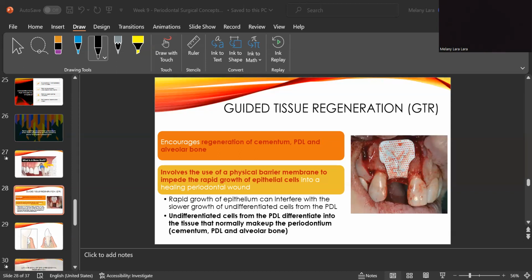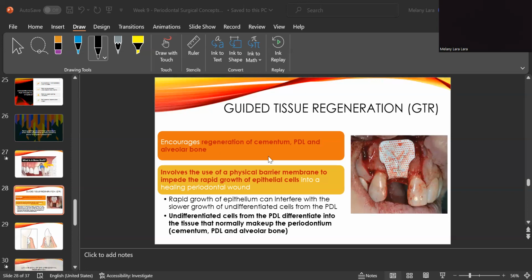Okay. So what GTR requires is the use of a physical barrier membrane. This membrane plays a very important role in the regenerative process, and over here you can see a good example of what that membrane is. Just this little white piece of paper almost. What that's doing is dictating what tissues move into the area. Epithelial tissue, or epithelium, grows very, very quickly.